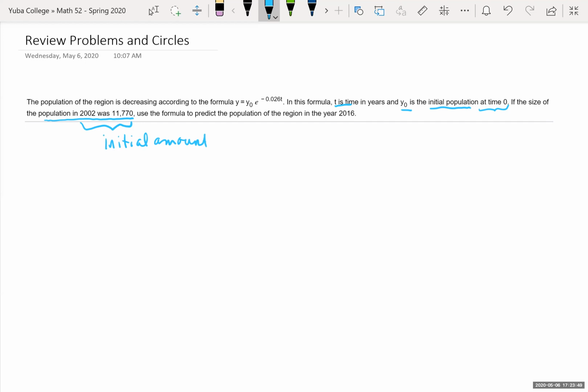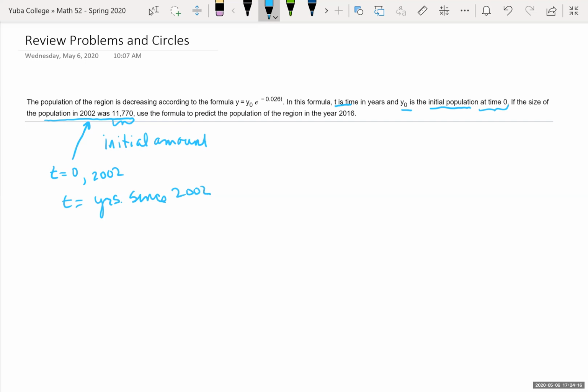11,770. And because that was the amount given in 2002, this is t equals 0 in 2002. And t is equal to the years since 2002.